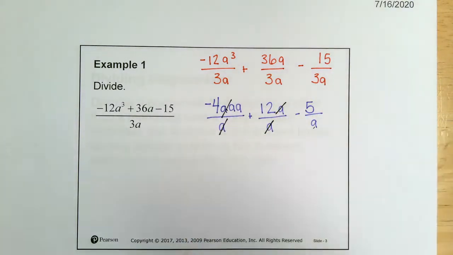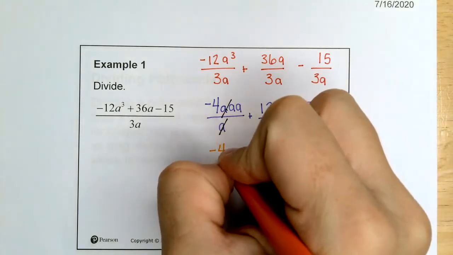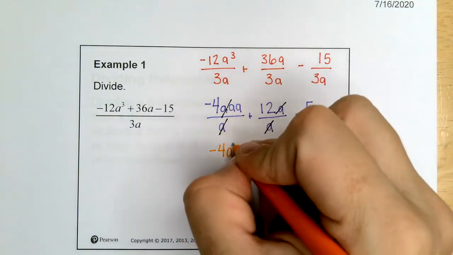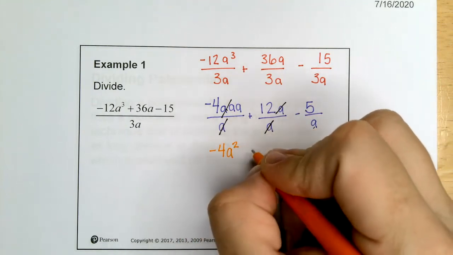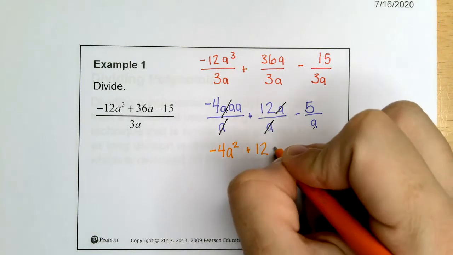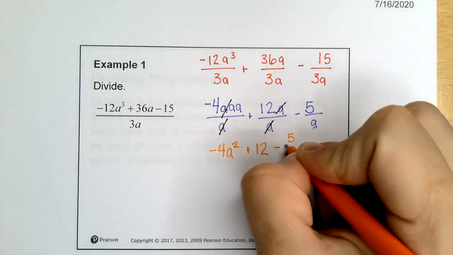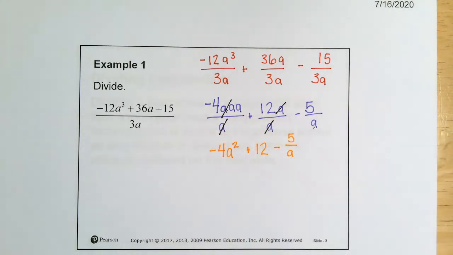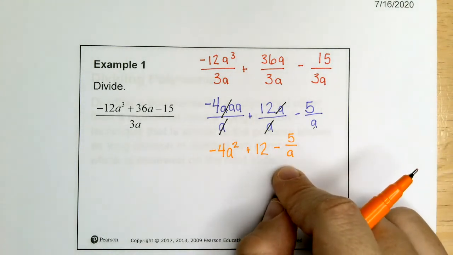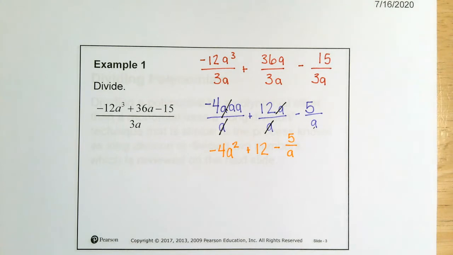So that then becomes, our third iteration is negative 4a. A times a is just a squared. There's nothing on the bottom. Plus 12, all the a's cancel out, minus 5 over a. So I leave that as a fraction because the a is on the bottom. Good.